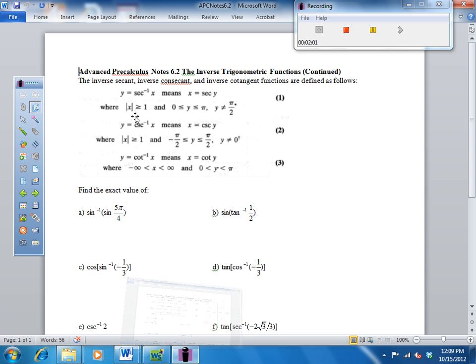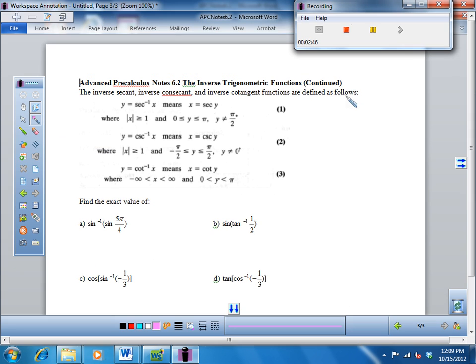And that's because if you remember the graph of secant, right? If I graph secant, what does secant look like? It's related to cosine, and it looks like this and like this with these asymptotes. It never gets between -1 and 1; it's always bigger than 1 or less than -1.